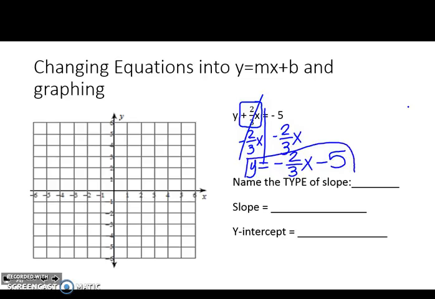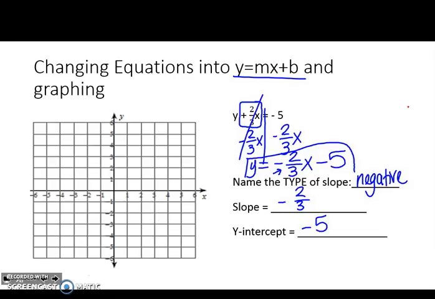That is correctly written in slope-intercept form, y equals mx plus b. So then I'm ready to graph it. So my slope is negative, because that m value is a negative number. My slope is negative 2 over 3, and my y-intercept is negative 5.